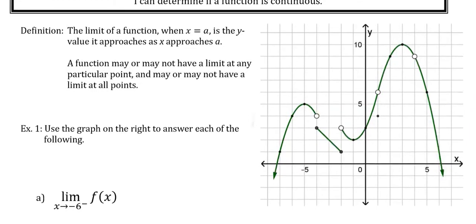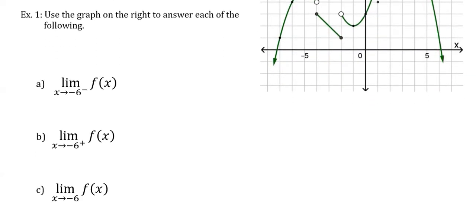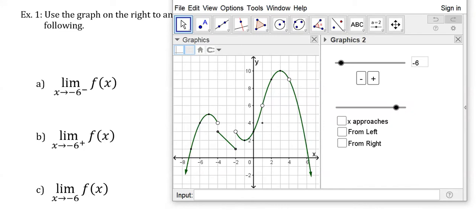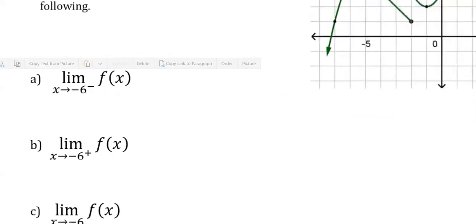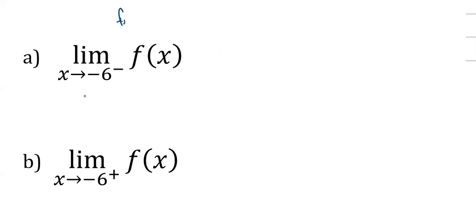So you should have this diagram in front of you, but I'm going to use a little applet here to help visualize what's happening. Before we get started, what does this notation mean? This is saying the limit as x approaches -6. What does this mean? What's that negative doing there? From the left, correct.